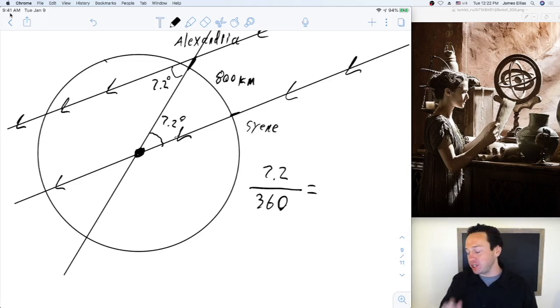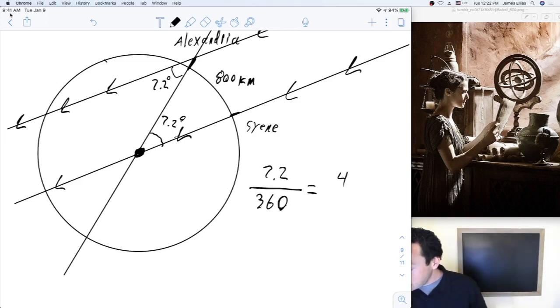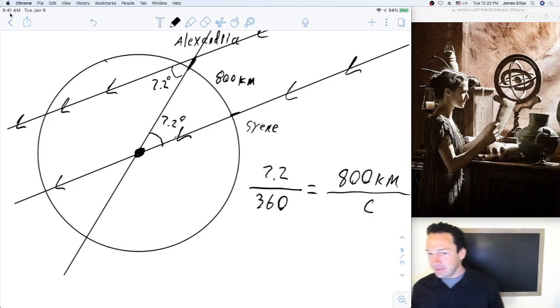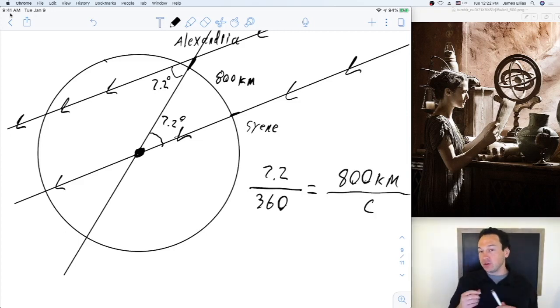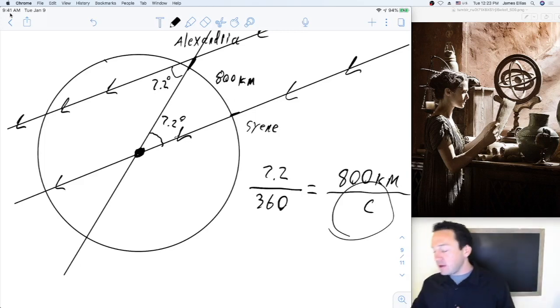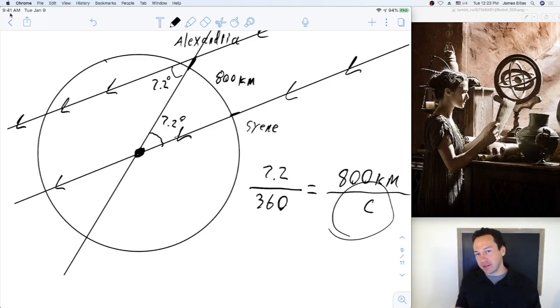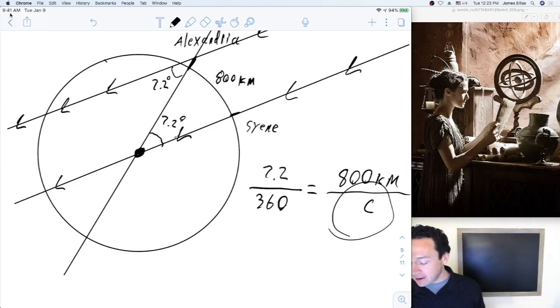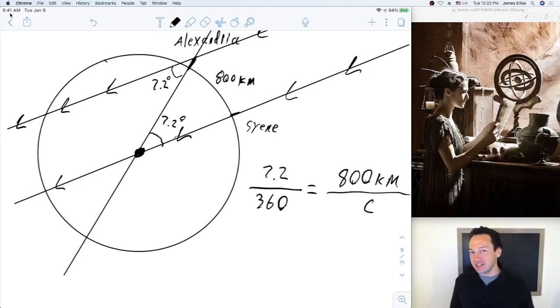And that proportion is equal to the part of the Earth's circumference that he measured, or rather that his man measured. 7.2 degrees is the same part of the whole circle 360 as 800 kilometers is to the entire Earth's circumference. So now it's just a matter of simple proportions to find the circumference of the entire Earth.